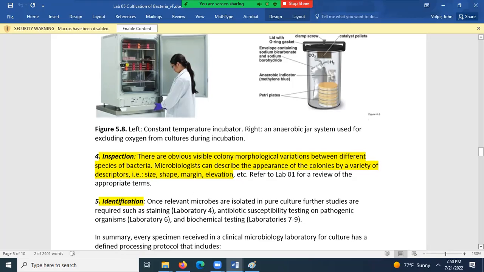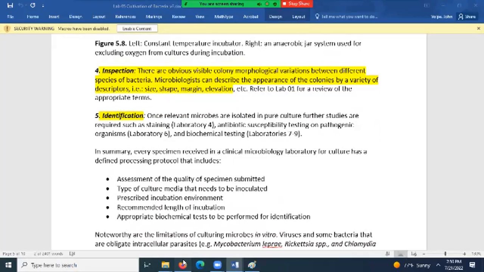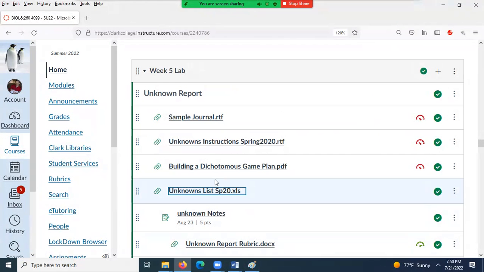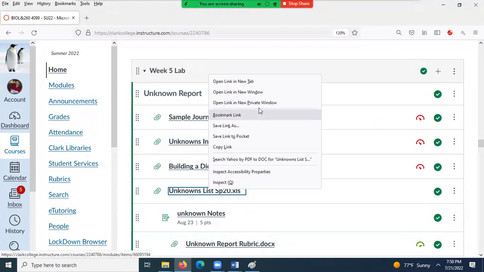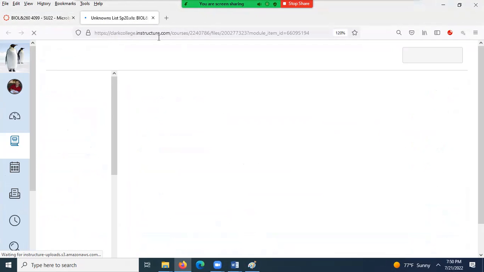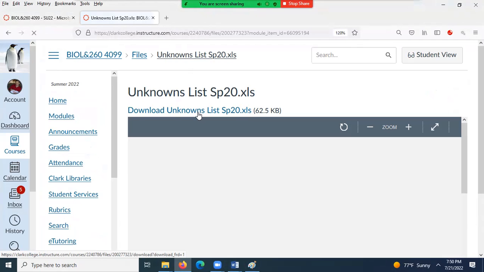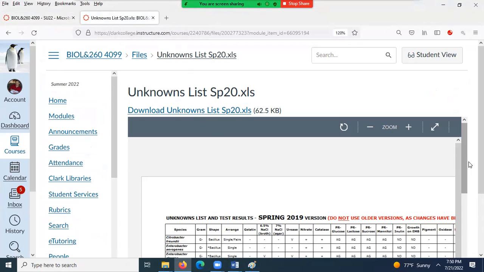And there are many biochemical tests you can do to determine the species. I showed you when we looked at the list here, all the different tests you can run. It's something like 20 different tests. I didn't count the number of tests, but we have close to 40 species of bacteria and all those tests.